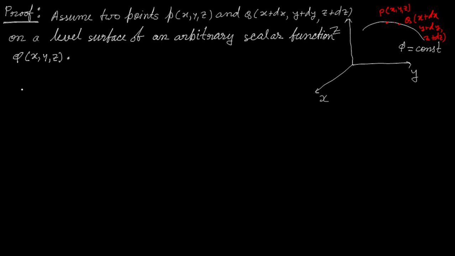Now, first we measure the value of the scalar function at point P, and then if we go to point Q, if there is any change in phi, how can we represent that change of phi?